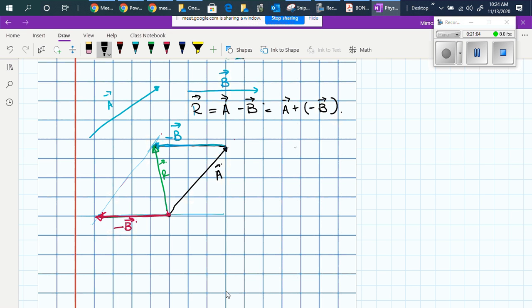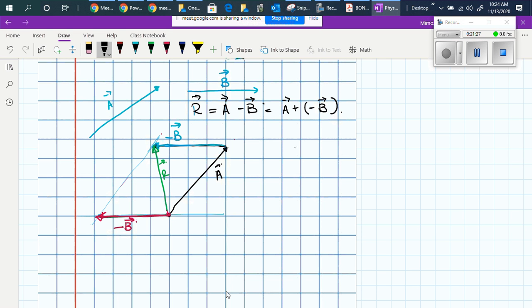This is why the closed polygon method is widely used when we have more than two vectors to add, and the parallelogram method is widely used when we have two vectors to operate with.